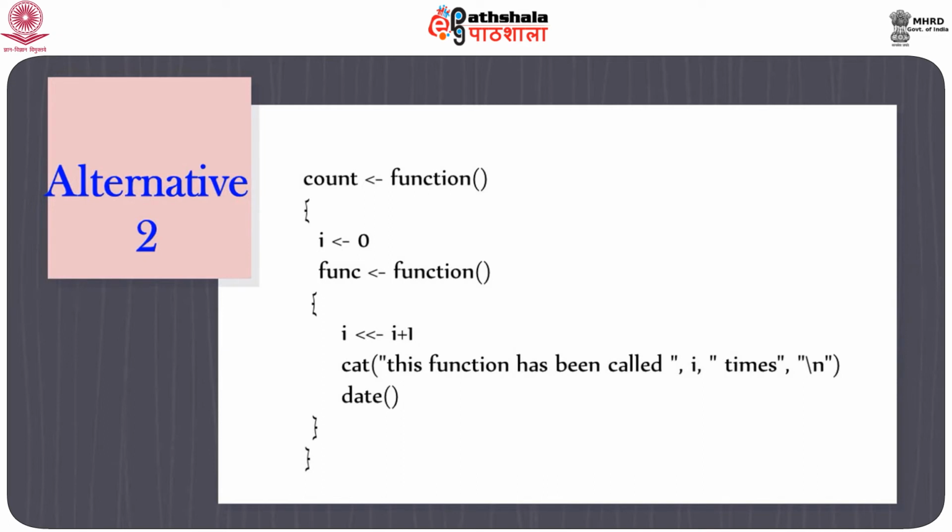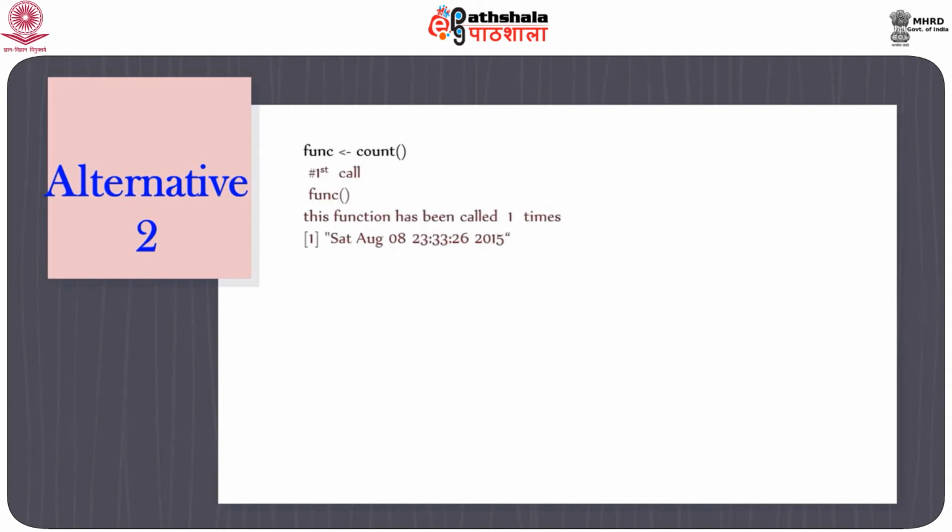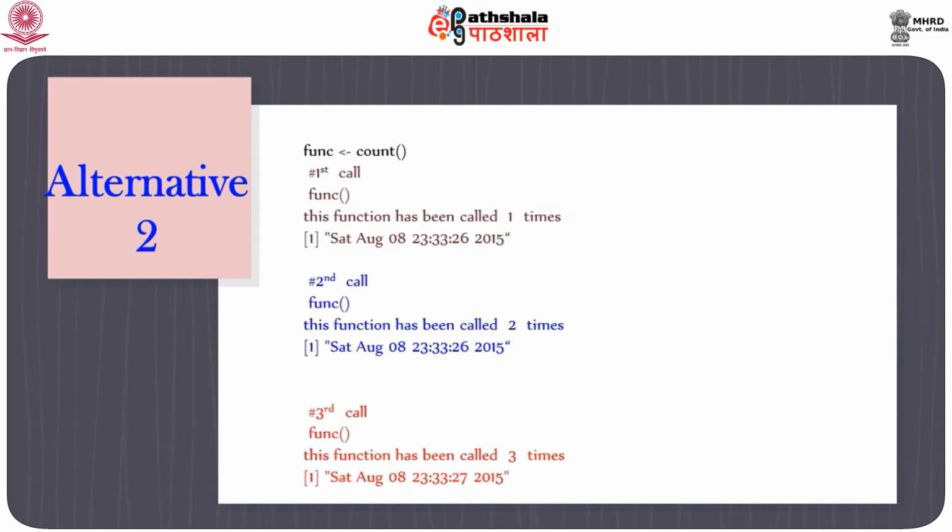Following exactly the same logic as in the previous example, we are starting with count 0, and then the function is being written in such a way that each time the function is called, it will show the time at which it is being called. So, this is how the function looks. Whenever we call the function, it will show you the time at which it is coming as well as the number of times it has come, including this turn.